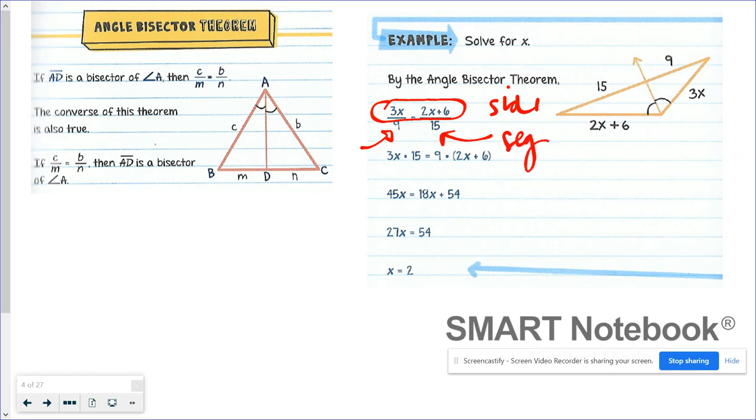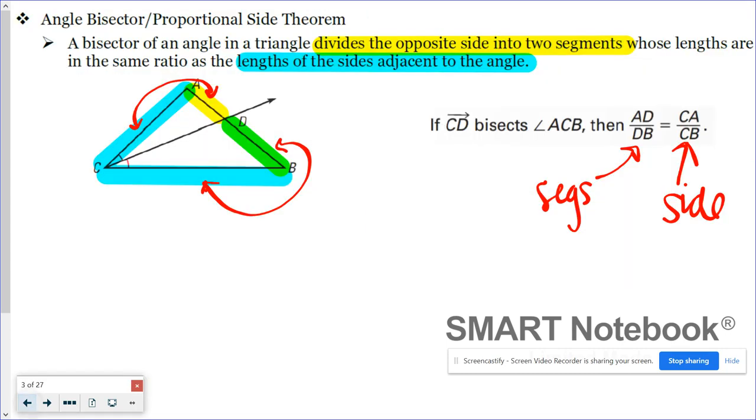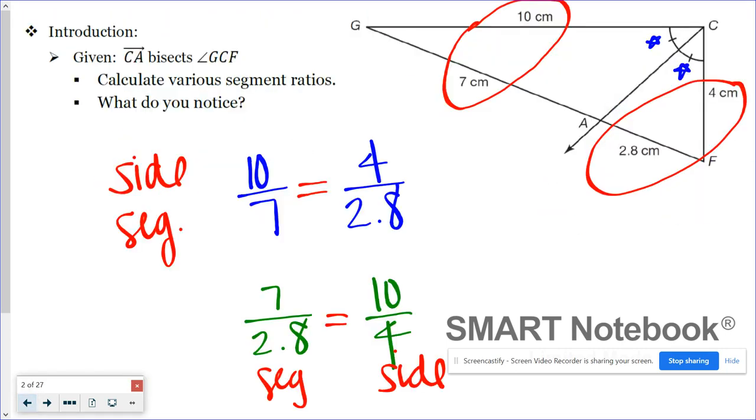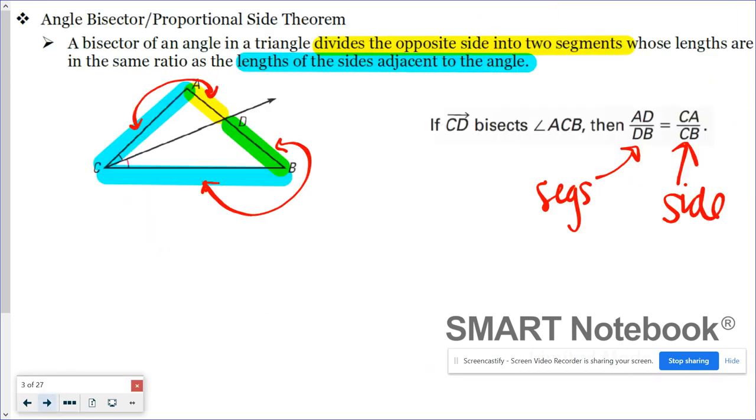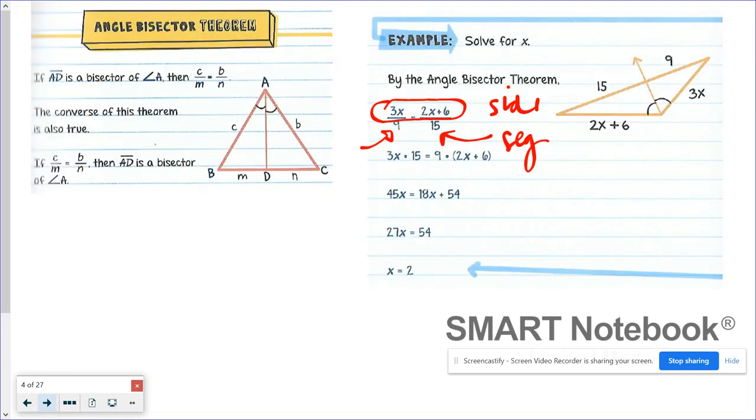And I don't know if you noticed this earlier, but I created two proportional relationships in our introduction, and one of them was side over segment. That's how I wrote my ratios, was side over segment. Whereas the one in green was segment ratio equals side ratio. So there are 2 ways you can go about setting these up. Honestly, it's what occurs to you when you're looking at your diagram.